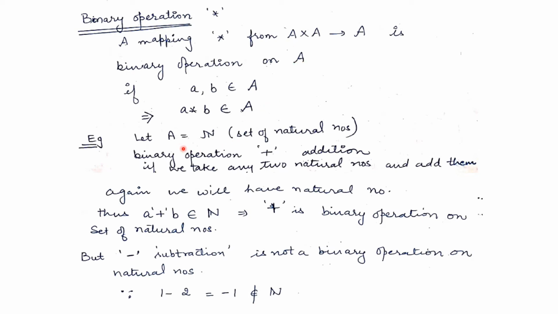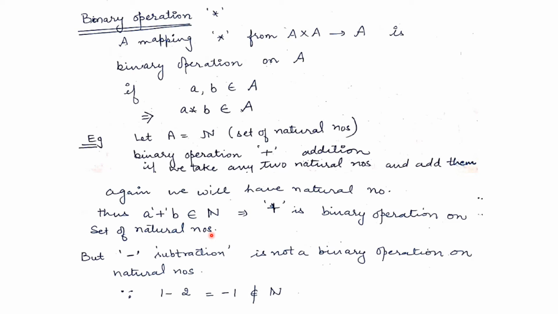Now just see, for example, if we consider A to be the set of natural numbers and the binary operation to be addition. If we take any two natural numbers and add them, we will again have a natural number. So addition is a binary operation on the set of natural numbers.